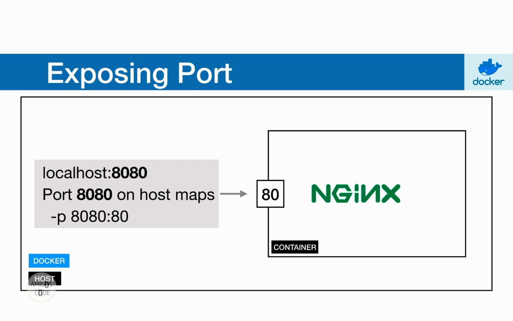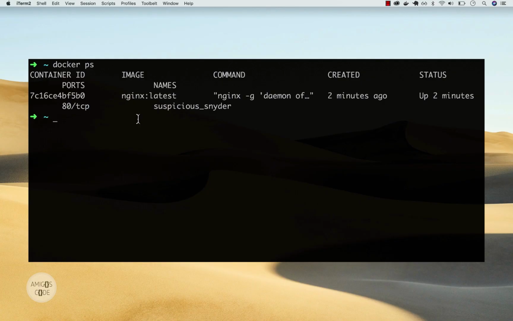So let's go ahead and open up terminal or command line. What I'm going to do first is stop this container. To stop a container, simply type docker and then stop and then pass the container ID. So I'm going to Command C that, Command V, and then enter.